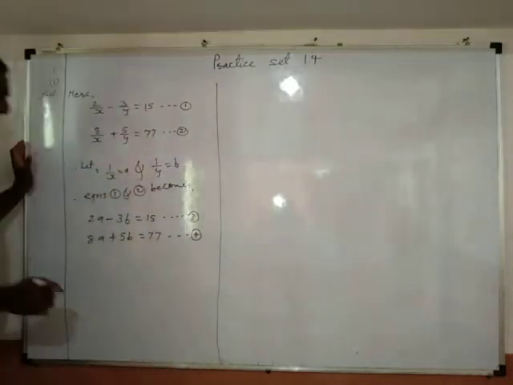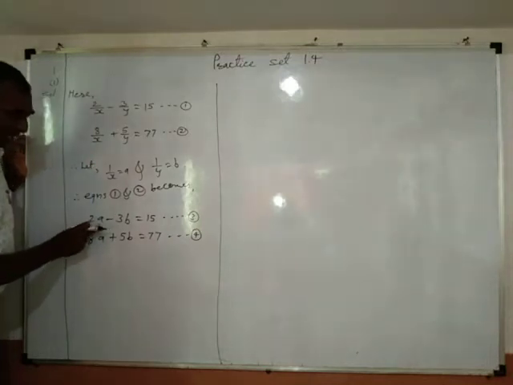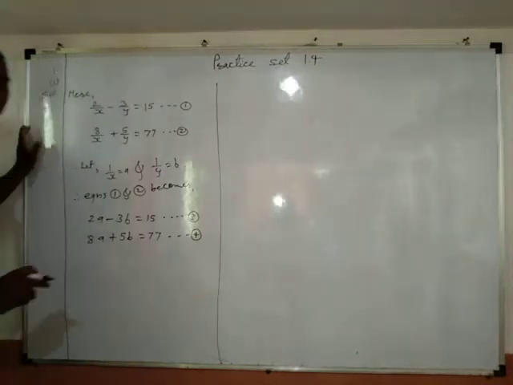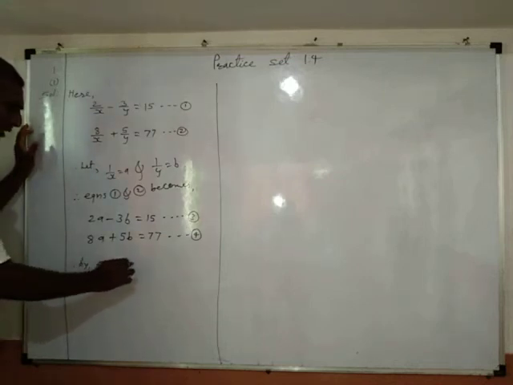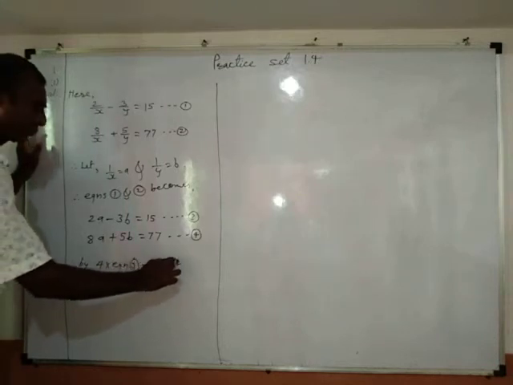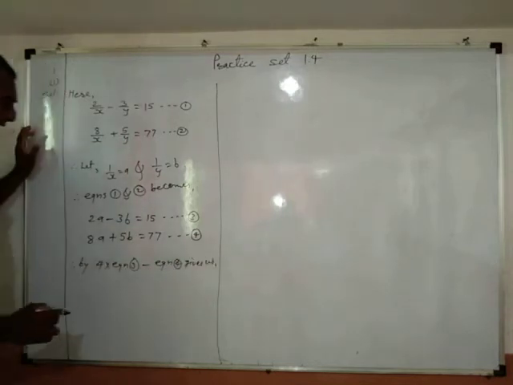Now, the coefficient of a in the third equation is 2 and in the fourth equation the coefficient of a is 8. 2 can be converted into 8 just by multiplying with 4, and therefore 4 into equation 3 minus equation 4 gives us, let's see what it gives.